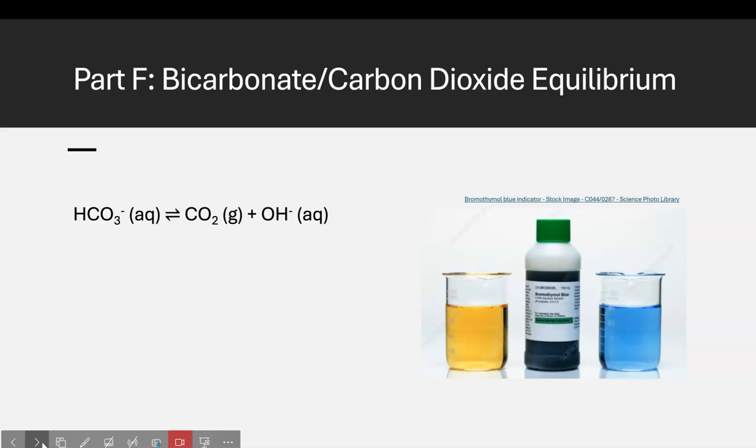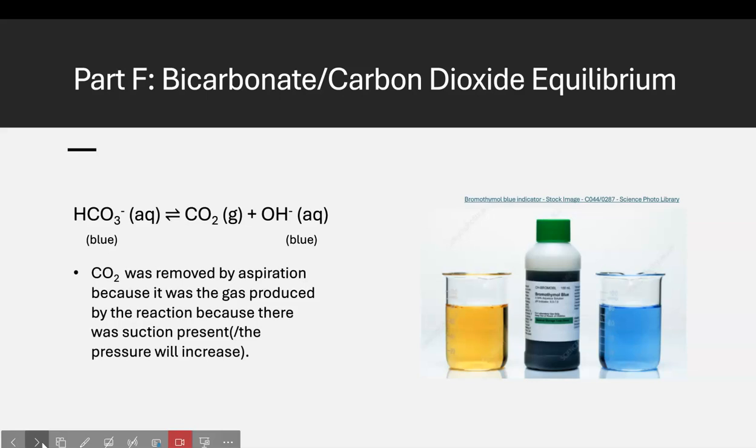So in the picture, you can see a blue solution and a yellow solution. The yellow solution represents a very acidic solution, and the blue means that the solution in that beaker is basic. So in the case of the experiment, the HCO3 is blue and the OH is also blue.